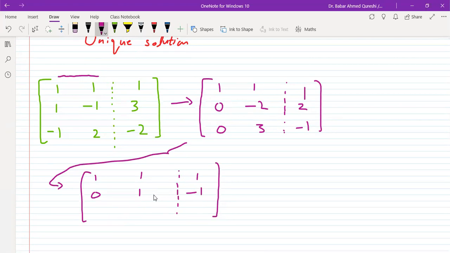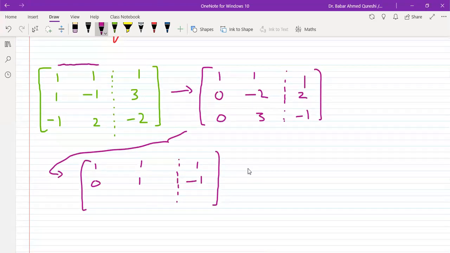So once I have done it, I'm just doing the next step directly. So I have a minus, so I multiply it by -3 and add it to the next row, which is this row. I get 0. Minus, multiply by -3, I get a 3, 3 and plus -1, I get a 2.